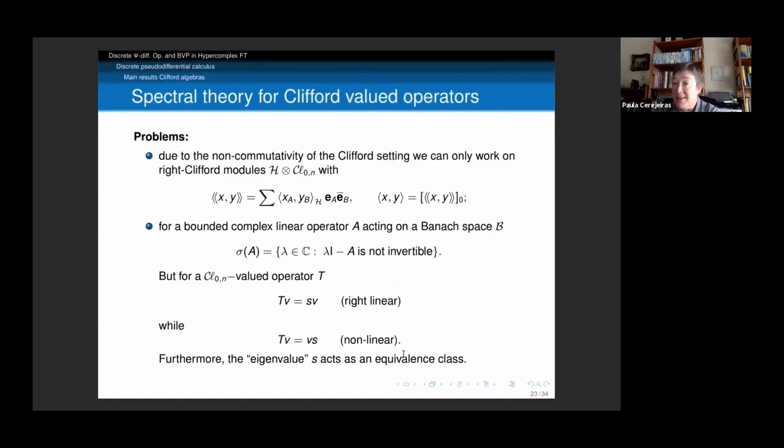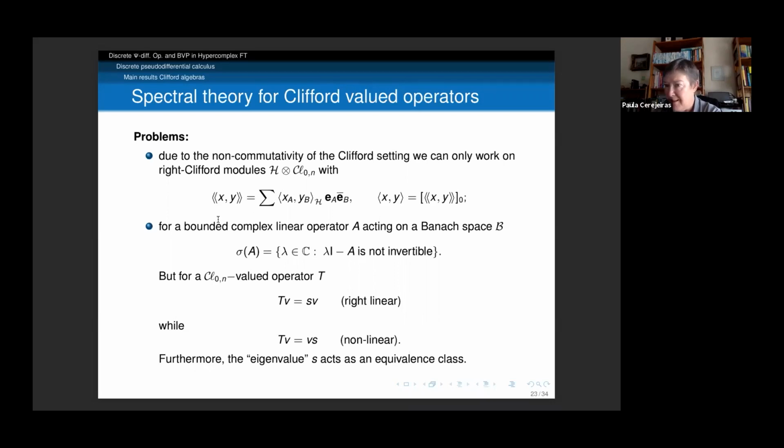Now, these were the ideas that I was trying to carry to the Clifford valued operators. And here I have to point out some problems, because although some things go straightforward, most of them do not. What does not go straightforward, for instance, is the inner product.